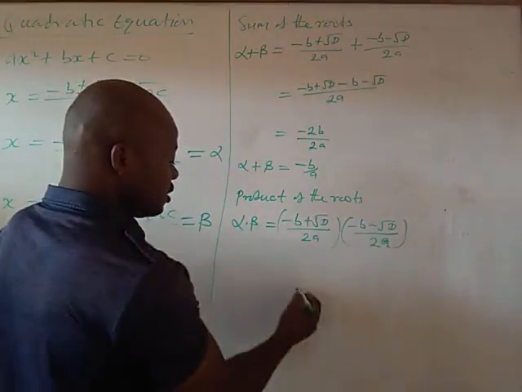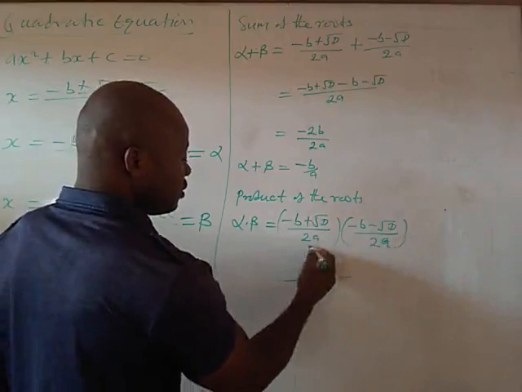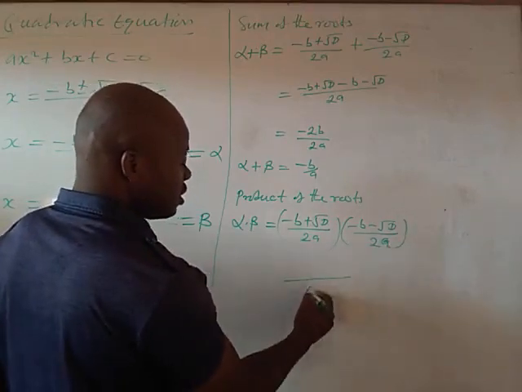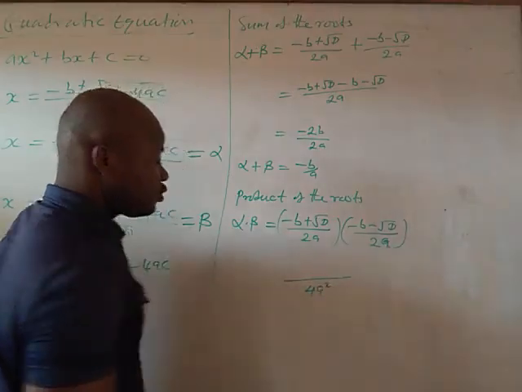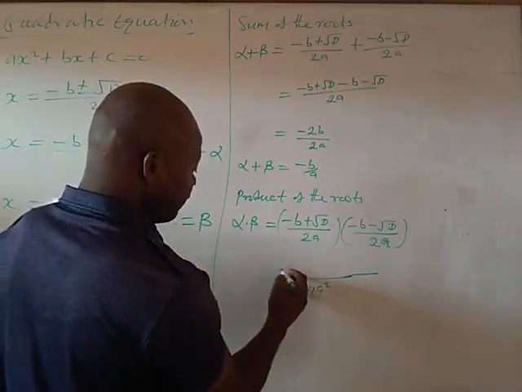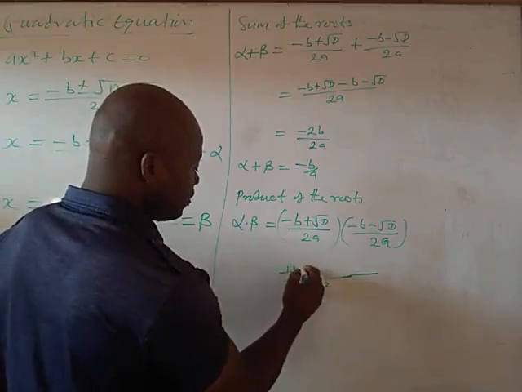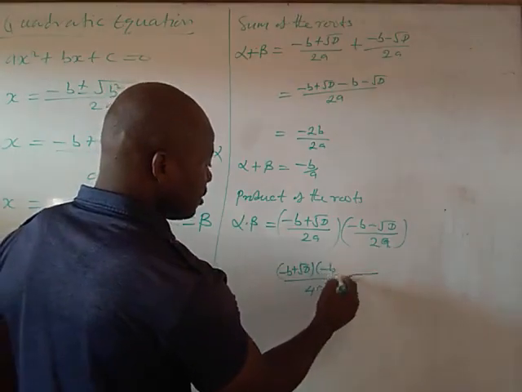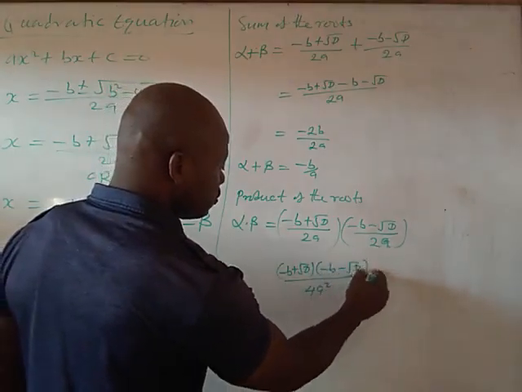If you multiply this together, then we have at the denominator 2a times 2a, which gives 4a squared. And at the numerator, we have minus b plus root d multiplied by minus b minus root d.